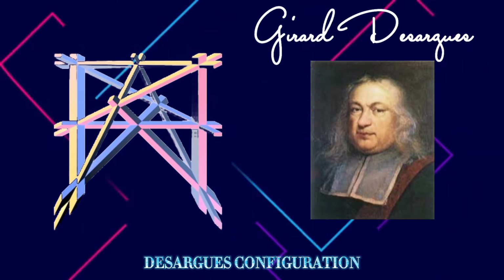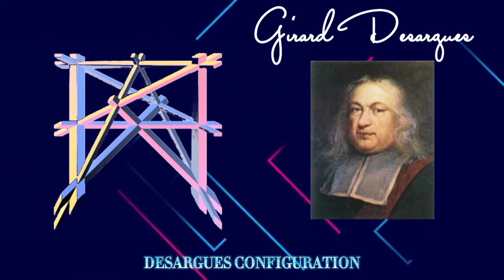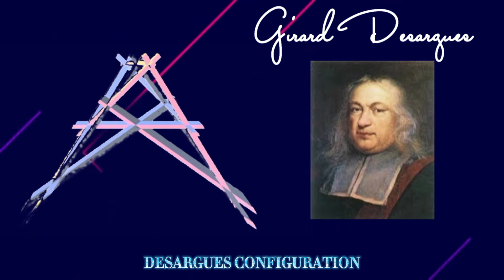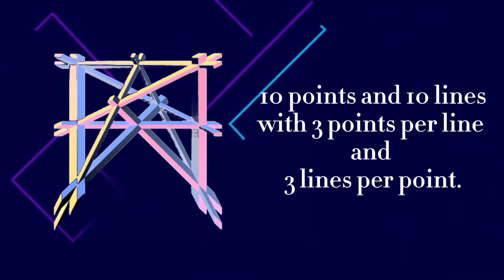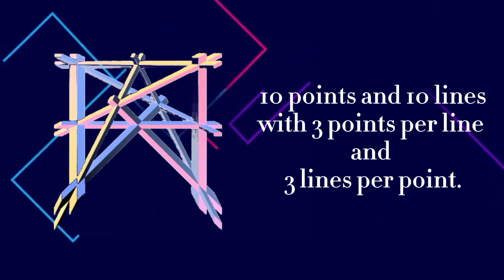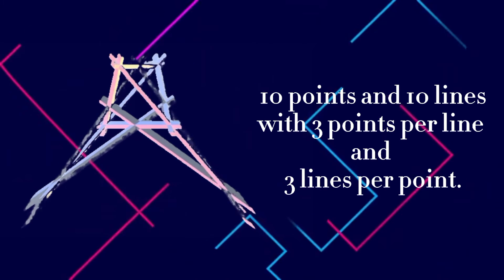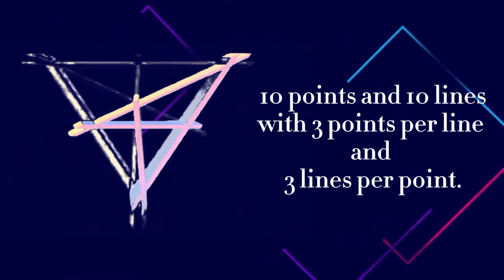The Desargues configuration, introduced by Desargues, a French mathematician and engineer who is considered one of the founders of projective geometry. It is a configuration of 10 points and 10 lines with 3 points per line and 3 lines per point, and is also closely related to the Desargues theorem, which proves the existence of the configuration.